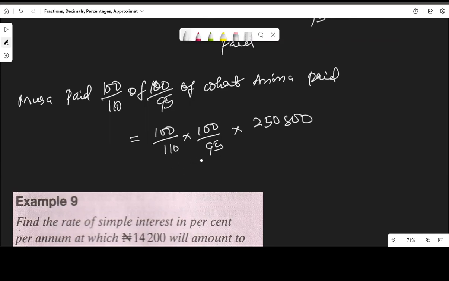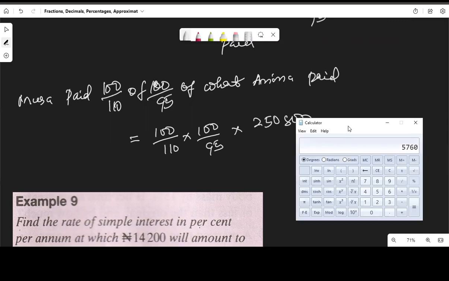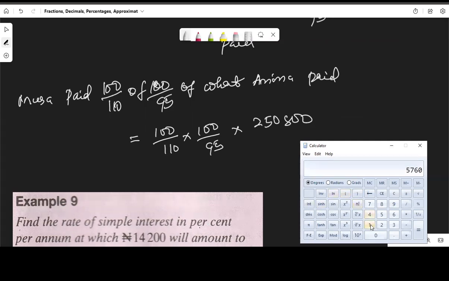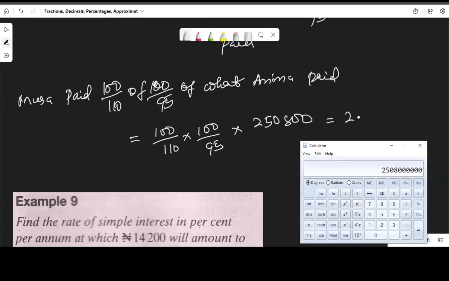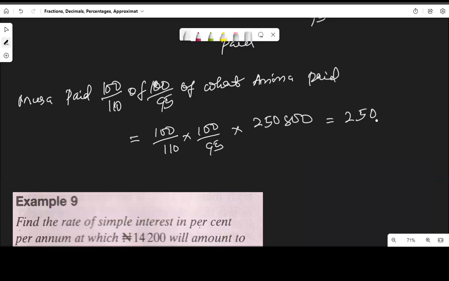Let's reduce this fraction. So let's put all the numbers in the calculator and divide right away. So 100 times 100 times 250,800 is 250,800 with 4 zeros added.